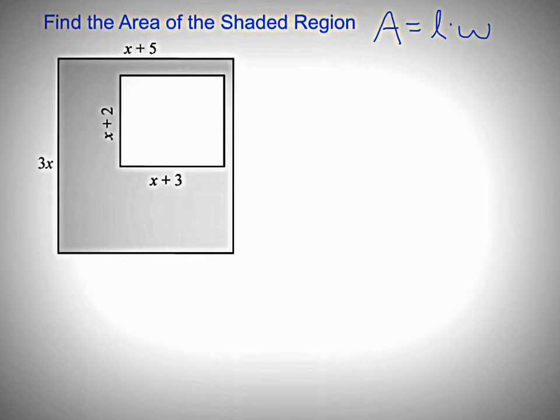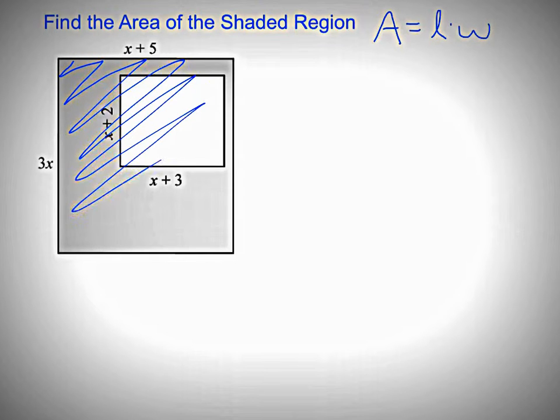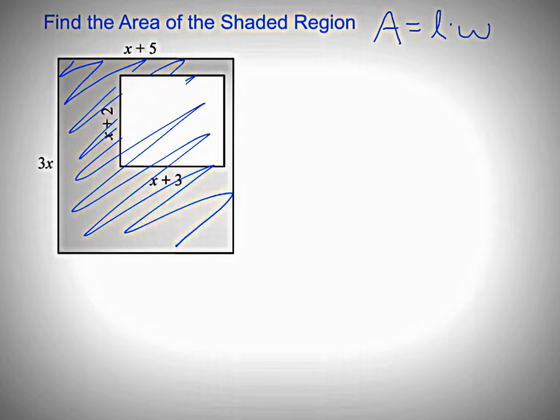So to find the area of the shaded region, what you need to do is find the area of this large rectangle, and then we need to subtract the area of the smaller rectangle, and that will give you the area left over.